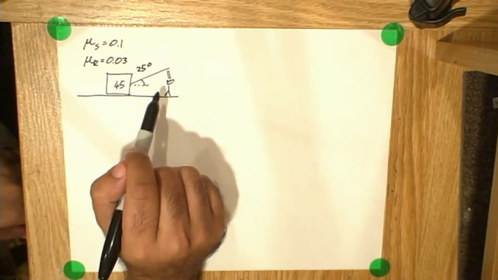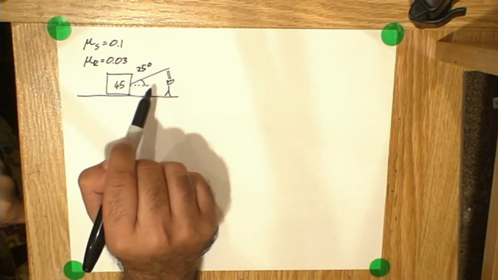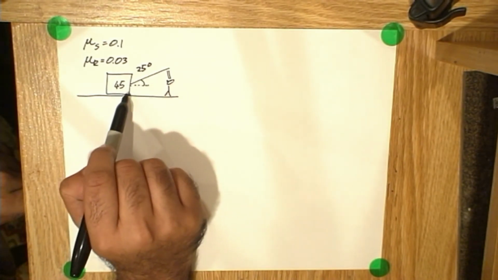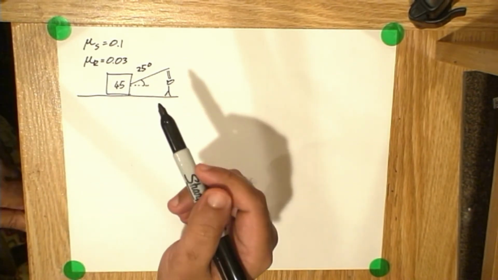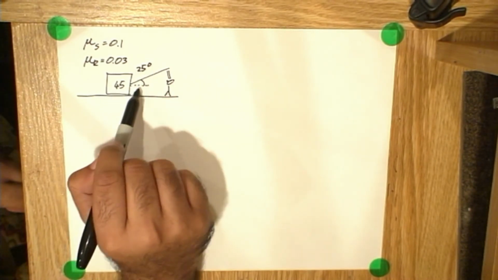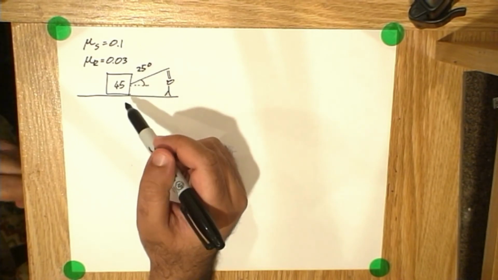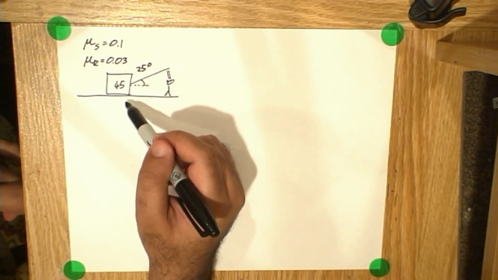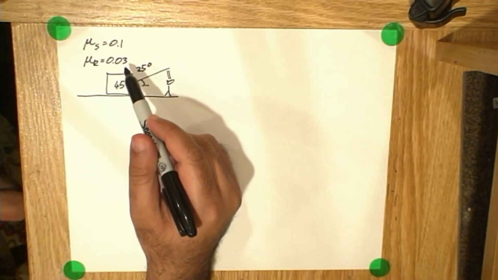And we want to find out what is the minimum force this person must pull with in order to get the ice block moving, and what acceleration would result once it has started moving. So what is the minimum force required to overcome static friction? And if you keep applying that force, what acceleration will result now that we are in the realm of kinetic friction?